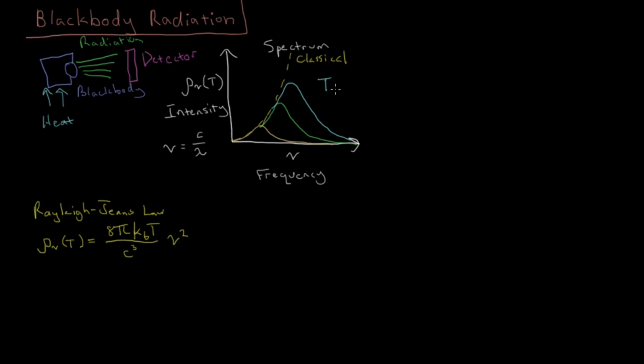So this is T3, T2, and the orange is T1, where T3 is greater than T2 is greater than T1. You get a higher frequency for the maximum as you increase the temperature.